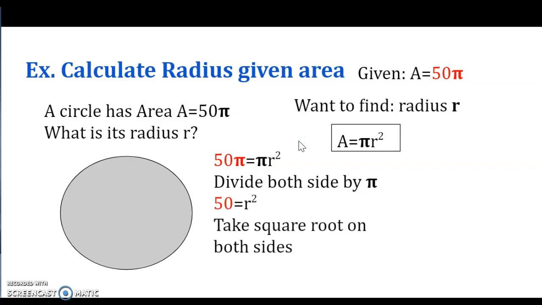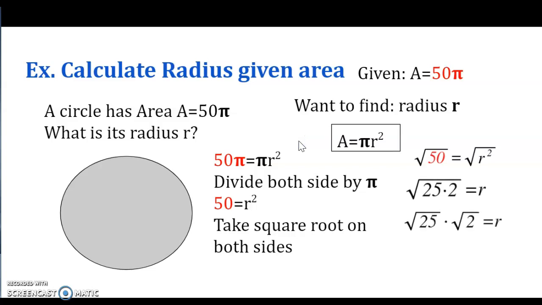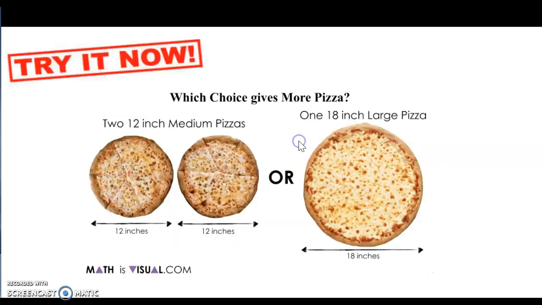So you take the square root on both sides, and the square root of 50 is the same as r. The square root of 50 is the same as the square root of 25 times the square root of 2, so that becomes 5 root 2. So the radius we know to be 5 root 2 units long.